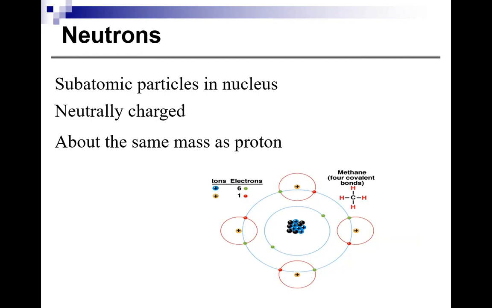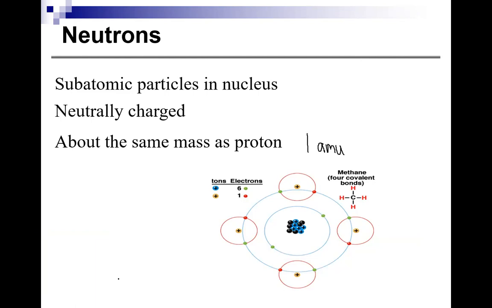Neutrons are also found in the nucleus. They are a subatomic particle with about the same mass as a proton, so that's 1 atomic mass unit. Let's see how well I can write on here. So 1 AMU, atomic mass unit, that's the mass of that proton. And since neutrons are roughly the same size, they're also 1 atomic mass unit.